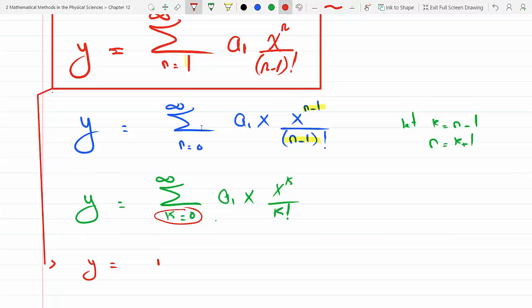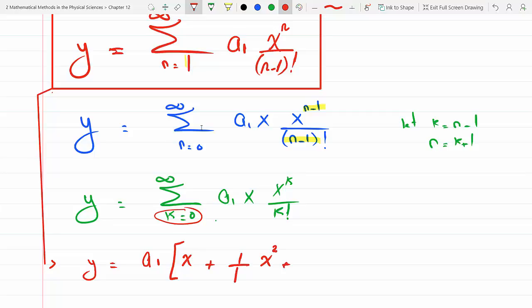Okay, anyways, going back to the red series, the red solution, if n is 1, we would get a1 times x over 0 factorial. So this is just x. I'm going to factor the a1 out. And if n is 2, this is going to become 1 over 1 factorial x squared.